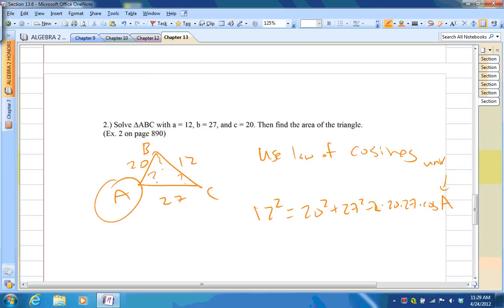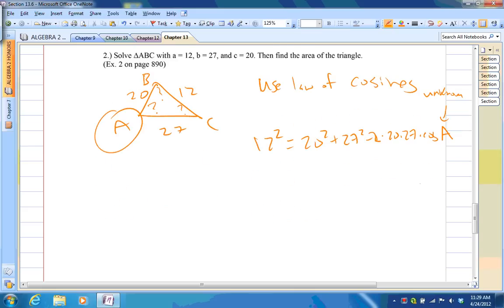And angle A is unknown, so you want to isolate that as much as you can. If you work things out, you would wind up getting the following. Cosine A should equal 12 squared minus 20 squared minus 27 squared, divided by negative 2 times 20 times 27.